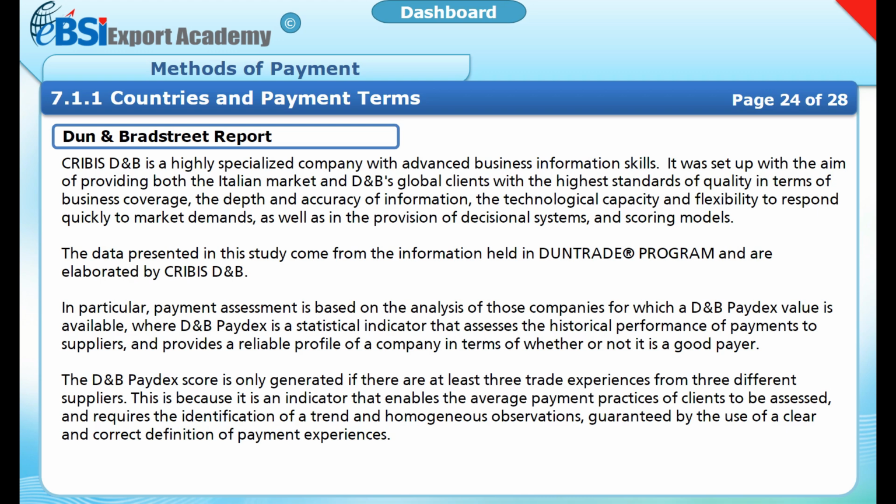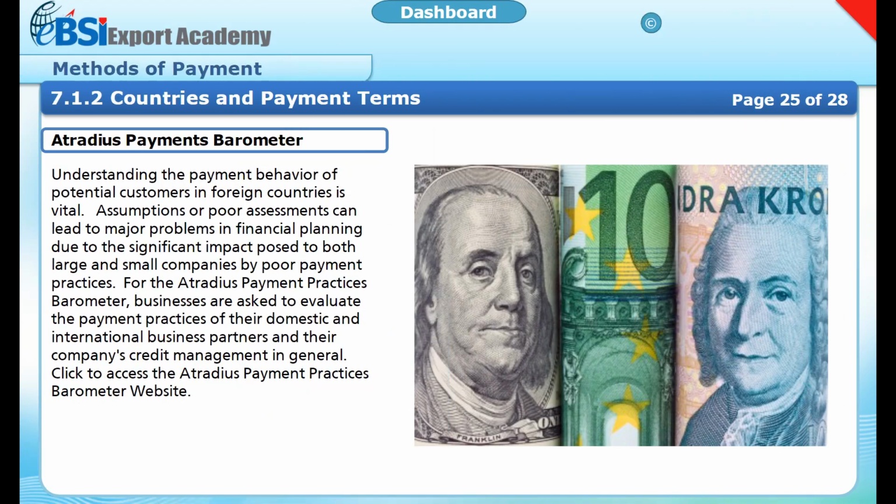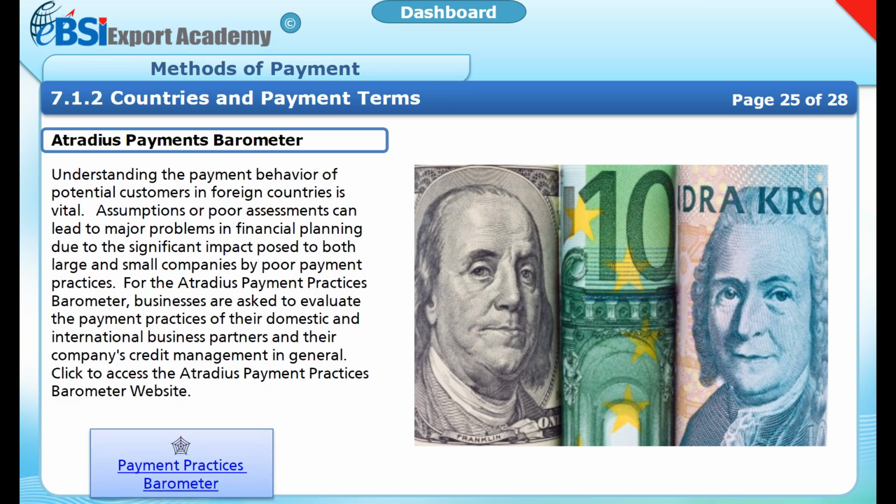This is because it is an indicator that enables the average payment practices of clients to be assessed and requires the identification of a trend and homogeneous observations, guaranteed by the use of a clear and correct definition of payment experiences.